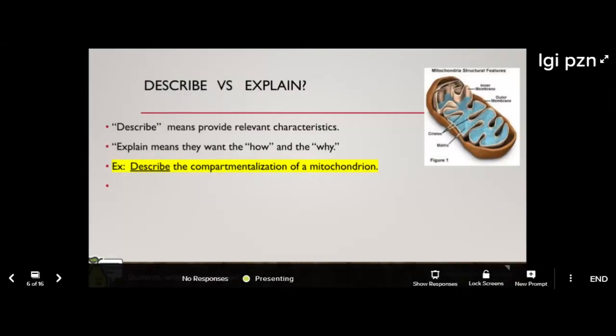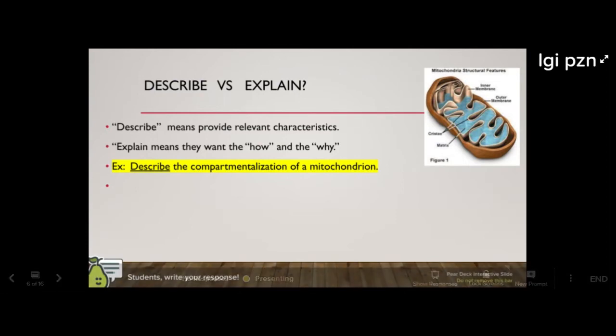Describe versus explain. Okay, describe means provide relevant characteristics. Explain goes into the how and why. What do those characteristics cause to happen? So right now, here's a picture of a mitochondrion, right? Describe how it's compartmentalized. I've got the picture for you. See if you can come up with some sentences.